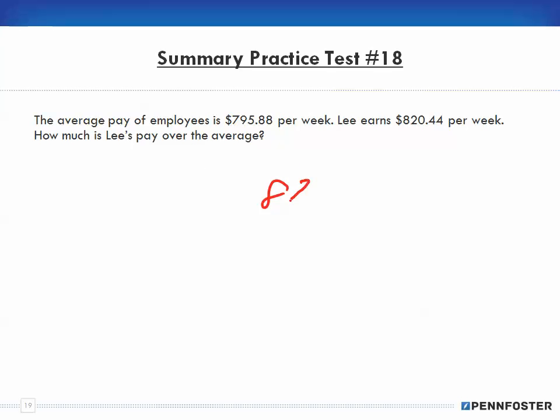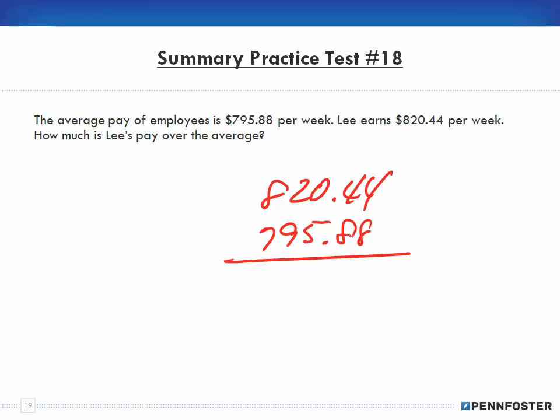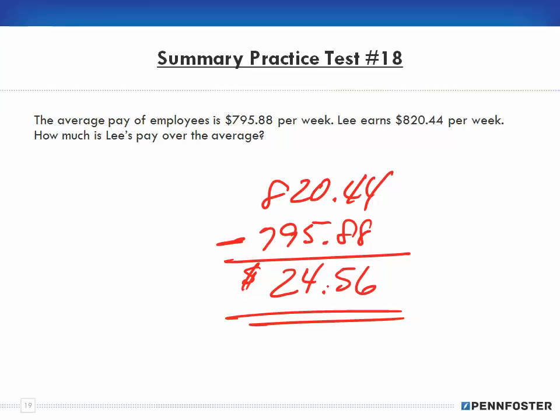So if Lee makes $820.44 and the average for everybody else is $795.88, when I subtract the two, I end up with 6 from 3 is 5, from 9 is 4, from 1 is 2. The difference is $24.56.